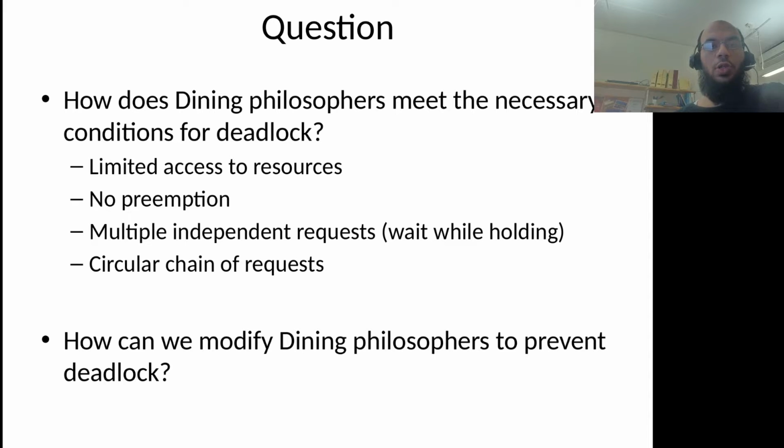So if they can communicate, and one of them can hand the chopstick to the other, then you can break the deadlock. Otherwise, they all wait until some resource is available, and you have a circular chain. Everyone is waiting for the one on their right to finish, while he's not going to finish.